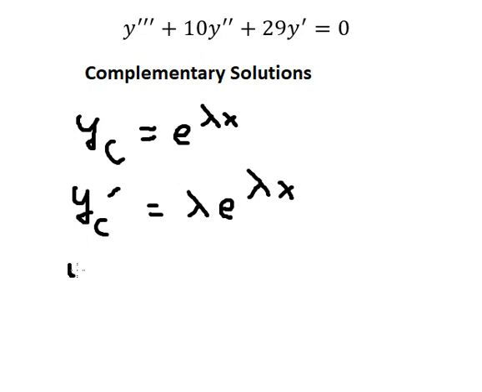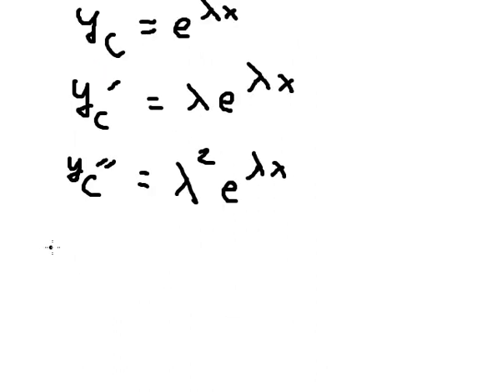Now we go to the second derivative of yc, and we have lambda squared e to the power of lambda s, and the third derivative of yc is lambda to the power of 3 e to the power of lambda s.